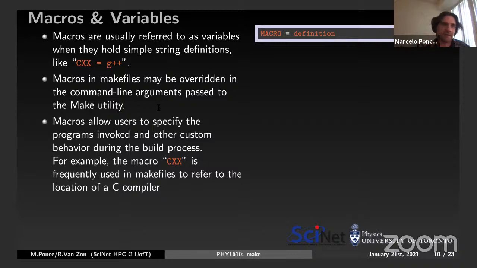If you have been using Linux or the standard GNU compilers, this is the typical compiler you will get. If you switch to another type of compiler like Clang, then instead of using C++, you will be using Clang. That's why there is this definition.